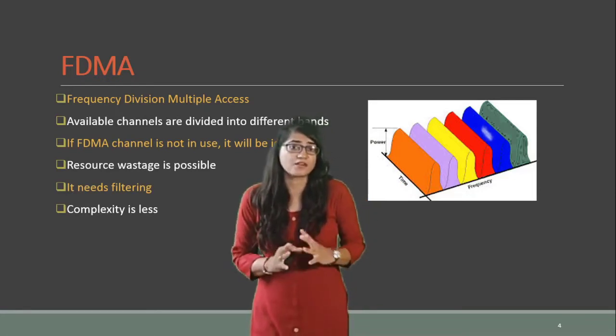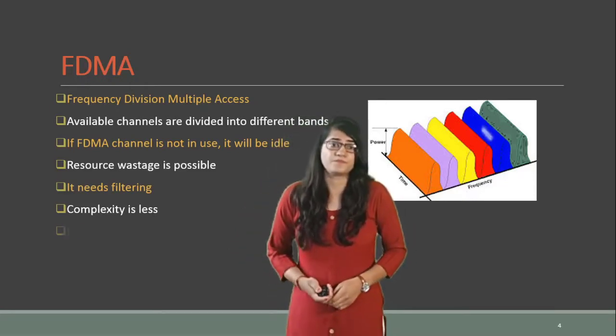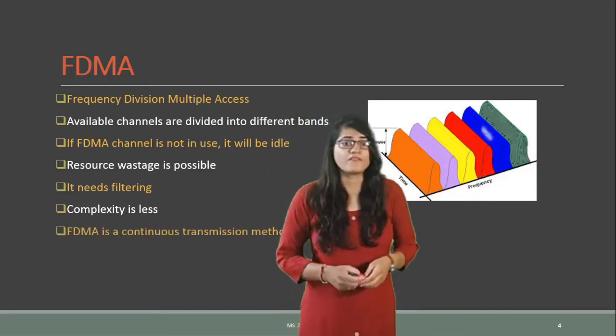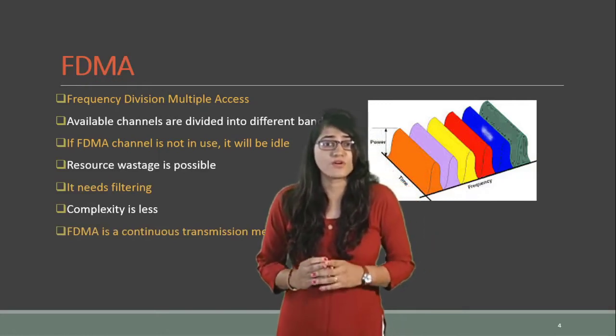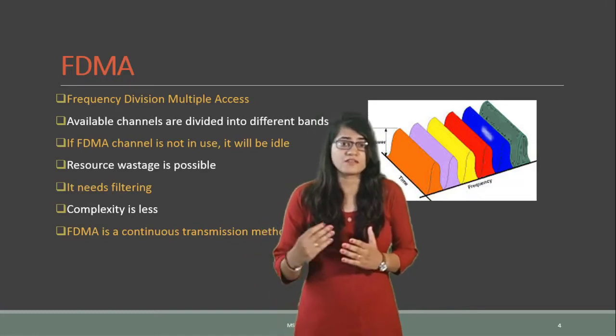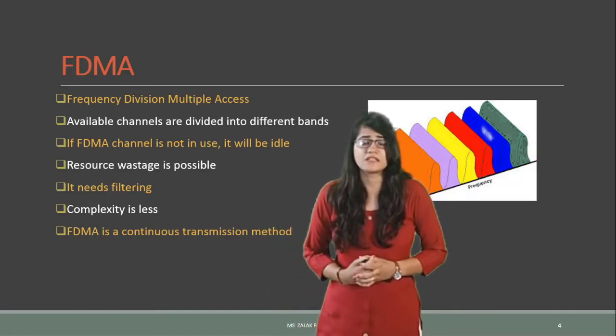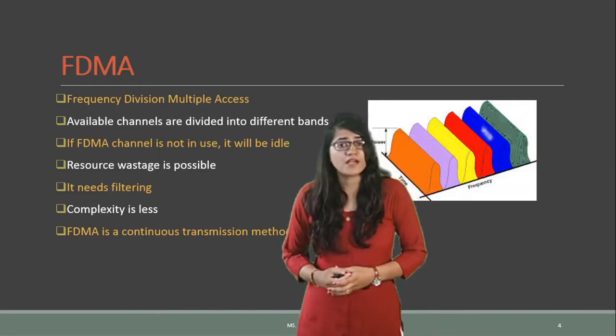So complexity is less in case of FDMA. Even in FDMA, continuous transmission is used because of the predetermined data transmission, and because of that it can transmit the data smoothly and continuously from the transmitter end to the receiver end.